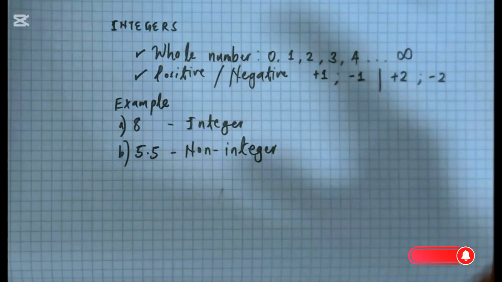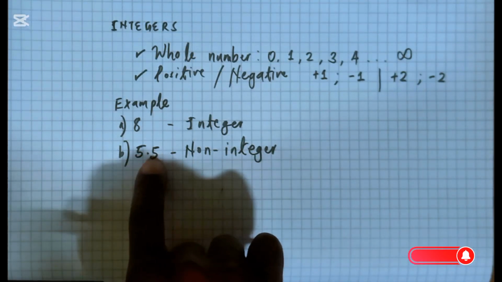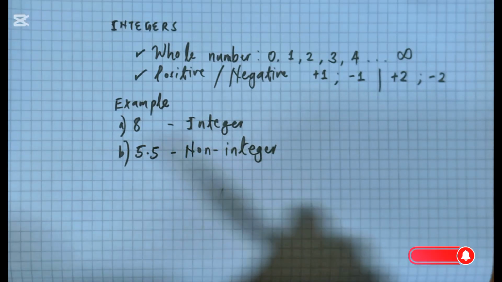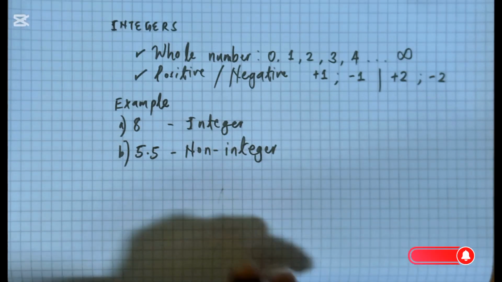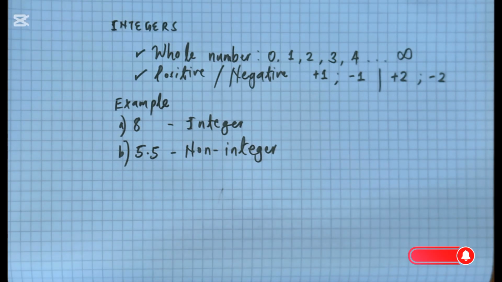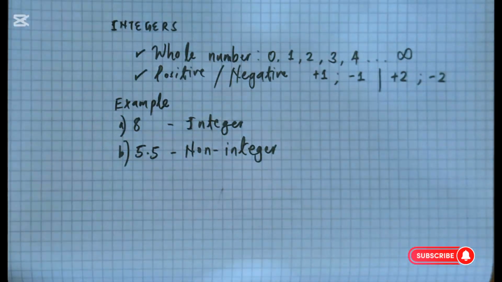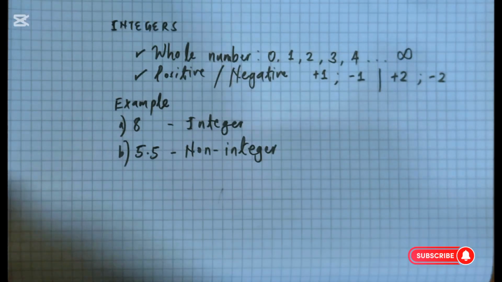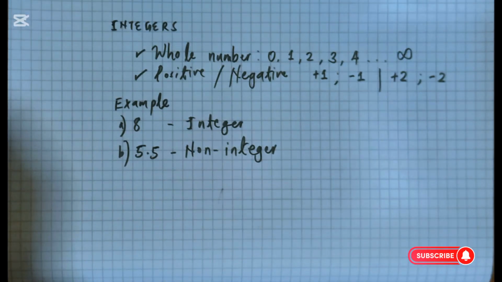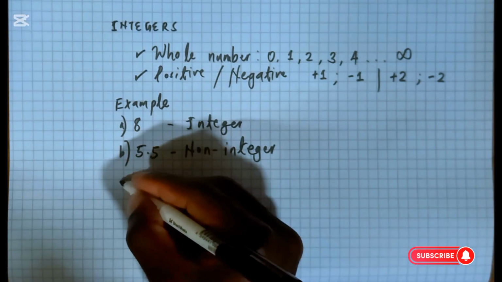The decimal part 0.5 is what disqualifies it from being an integer. It must be a whole number to qualify to be an integer, and therefore 5.5 is not an integer.